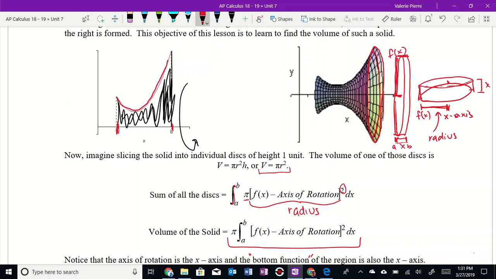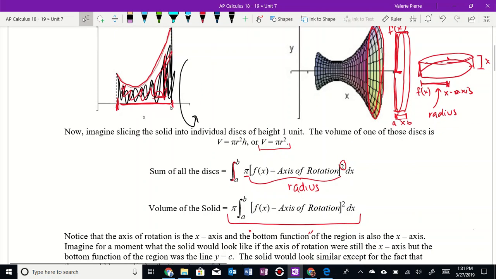We have f of x up here, and then the second function that we're looking at is the x-axis. We're taking the area between the function and the x-axis, and then we're rotating that function. So that bottom function is wherever our line is if there's a second function. Wherever that is, that's our bottom function.